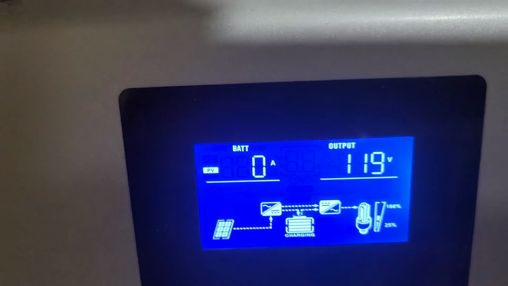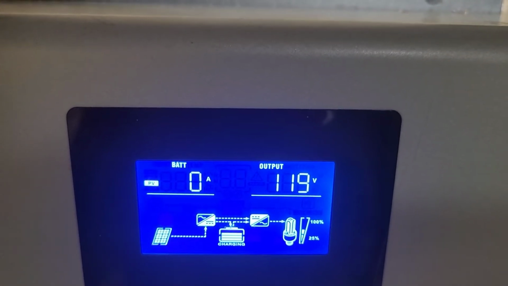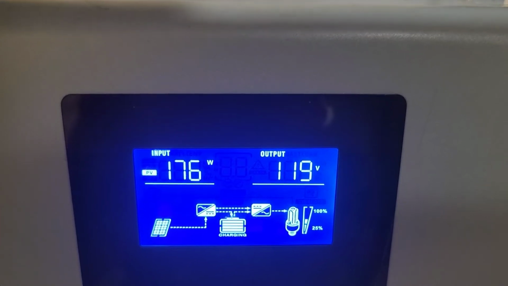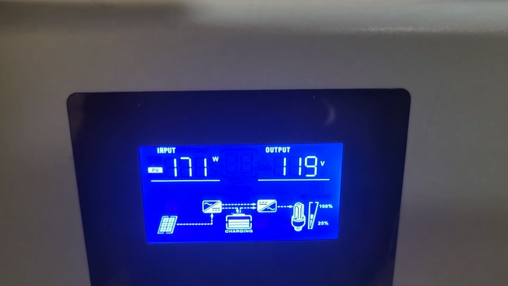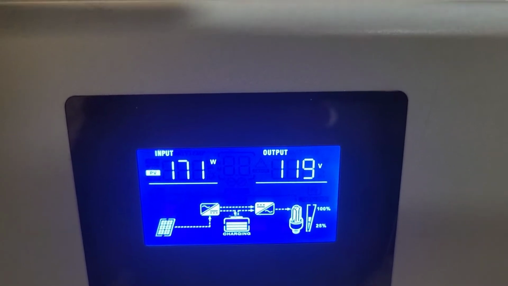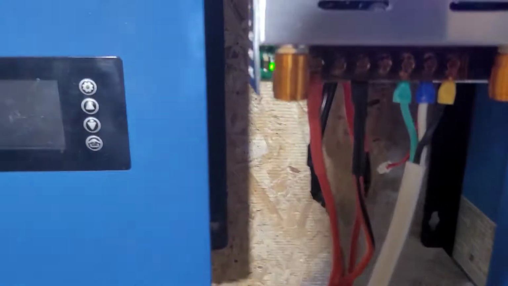It'll settle down. But I'm not getting any amps coming in. The meter is on the amp setting, coming in here. So that means that my battery is not charging. And we've gone down to 13.1 because I know my battery isn't charging.